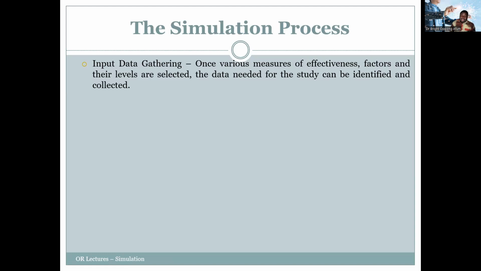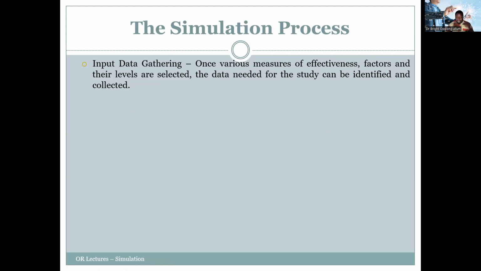Then we now gather our inputs. We gather the kind of inputs that are required to define the objectives, the measures of effectiveness of the system, the factors, and the data needed for the study.